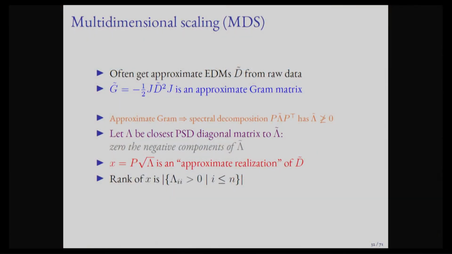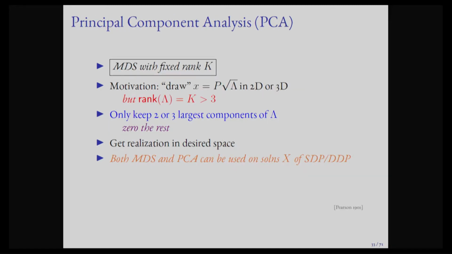Then you take P times the square root of lambda, and this is the approximate realization. The rank is the number of positive eigenvalues of this diagonal. But if we wanted exactly rank K, this is still not good enough, because the rank is imposed by the method. So instead, you zero even more. You just live with the K biggest eigenvalues. And there you go. So this is essentially multidimensional scaling with fixed rank.